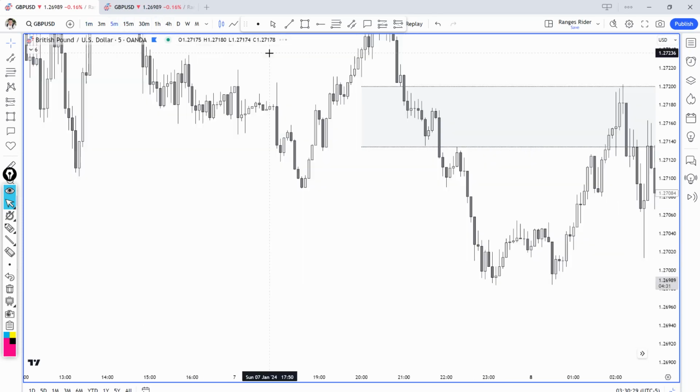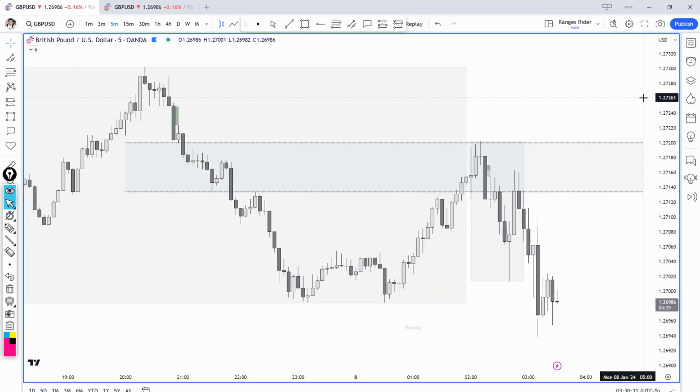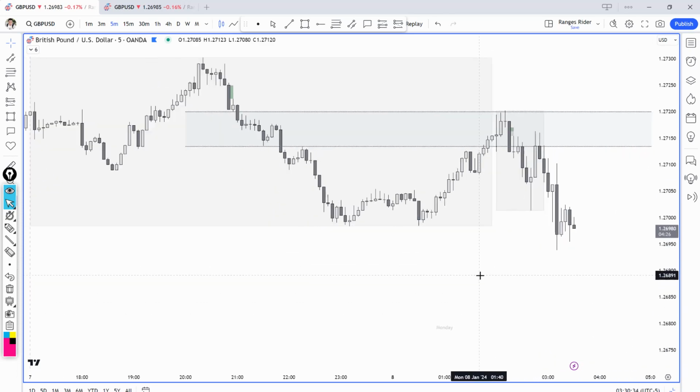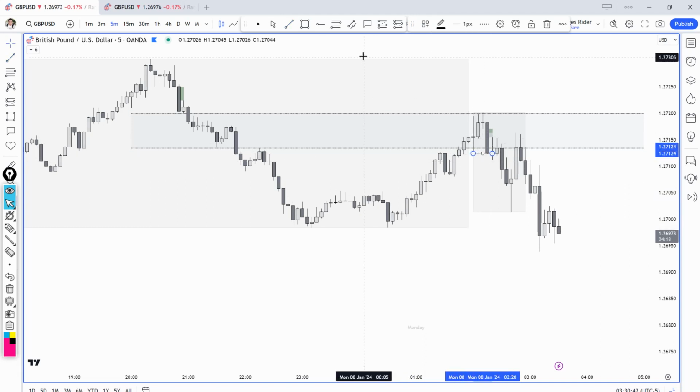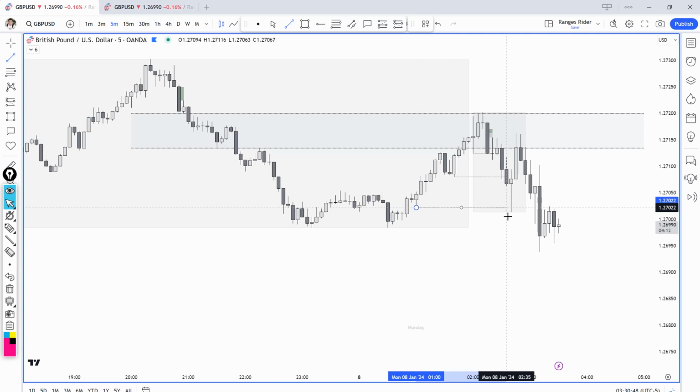Then I go to the 5 minute time frame, and I want to see if there is some external liquidity here, so I should expect some pullback from here, some pullback from here, and a pullback from here. And this is the external range liquidity. Okay, so these are the 4 points I need to find the entry.